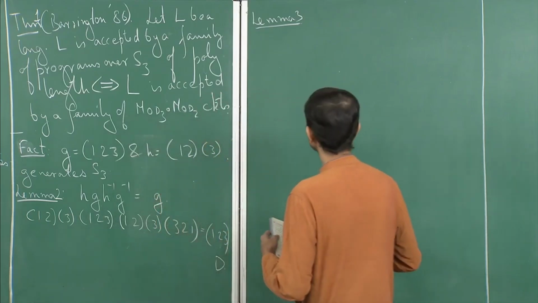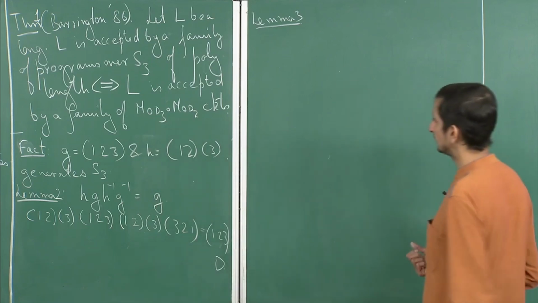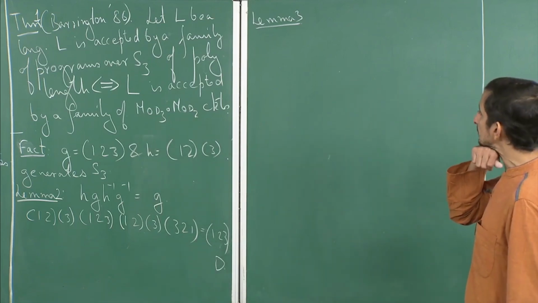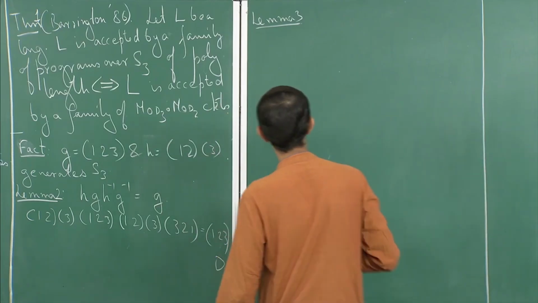Okay, so this lemma is saying something about the output of a mod 3 mod 2 circuit.